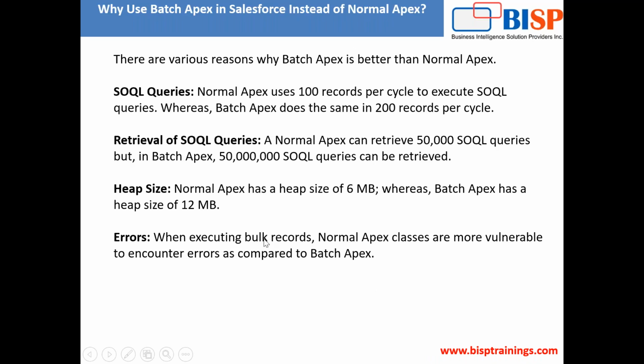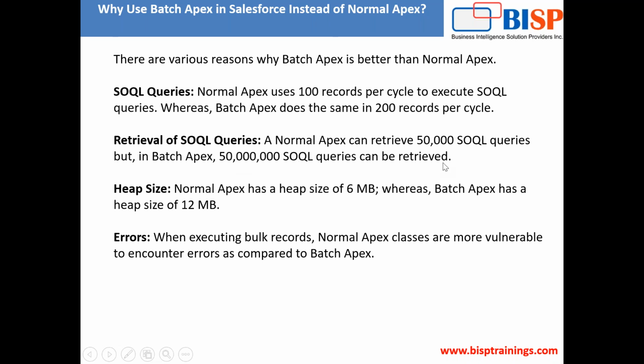Why is a batch Apex class better than a normal Apex class? In terms of SOQL queries, a normal Apex class uses 100 records per cycle, but a batch Apex class uses 200 records per cycle. Second is retrieval of SOQL queries: normal Apex can retrieve 50,000 records, and batch Apex can retrieve something more, about 5 crore records.